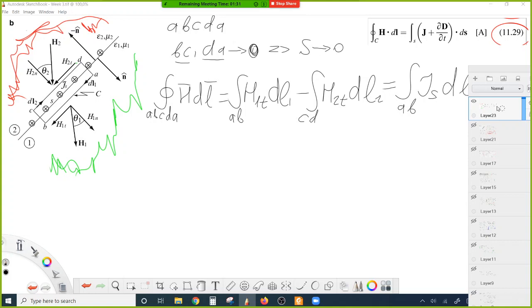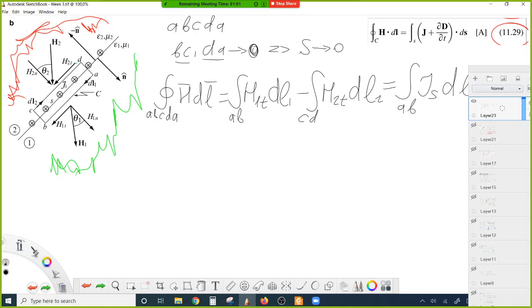In equation 1129, the integration for current is a surface integration because in general J is a current distributed over the volume.